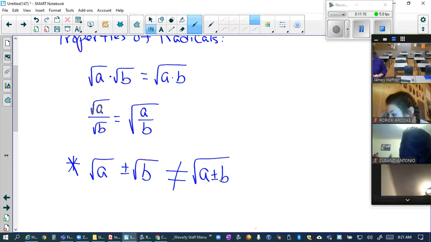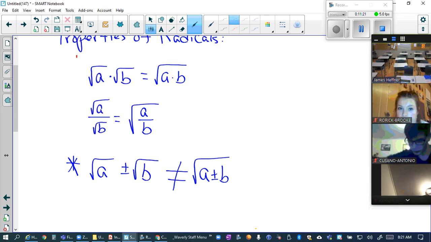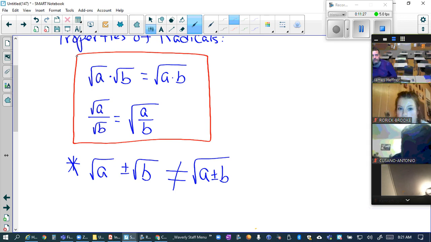You cannot break up a square root like that over addition and subtraction, and you can't go the other way. You can only do this kind of thing when you're multiplying or dividing. So make sure you understand that, all right? Okay, everybody has that. Let's flip back to page 8.